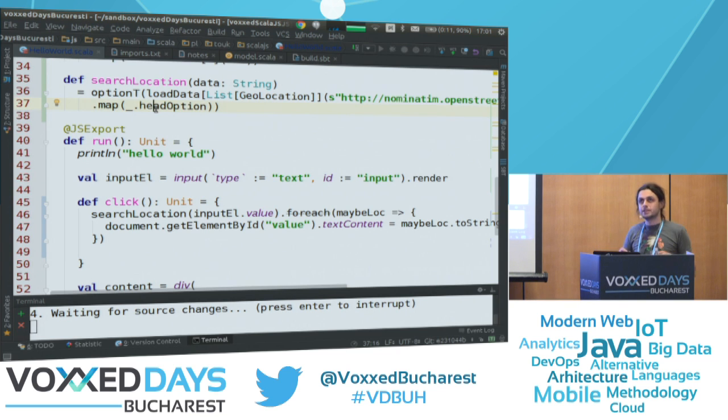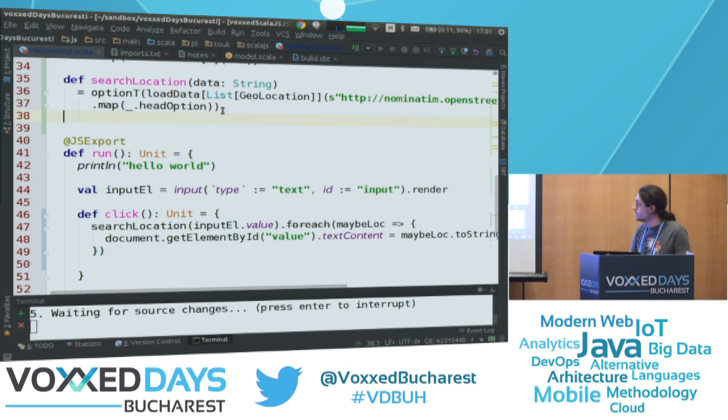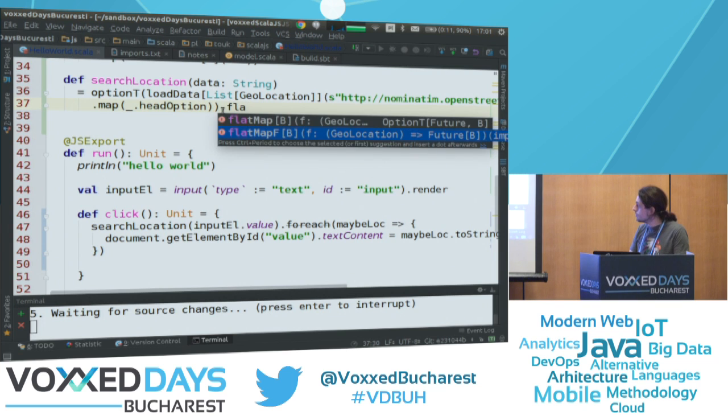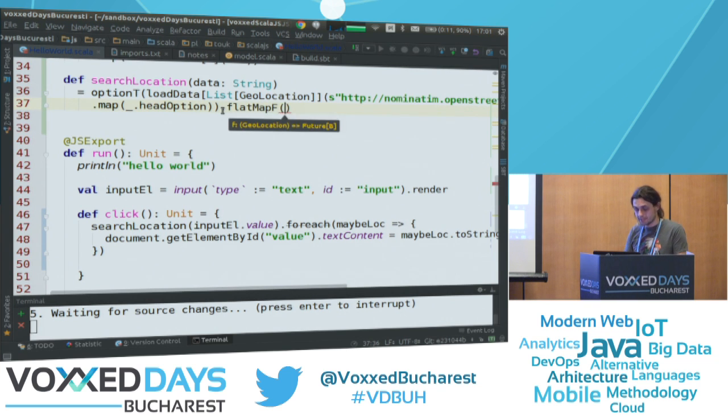Imagine we're building a site. When you enter the name, the locations are loaded, and then some list of comments from our probably NoSQL database are also loaded and displayed. So here, OptionT, everything is just like in our backend Scala code.